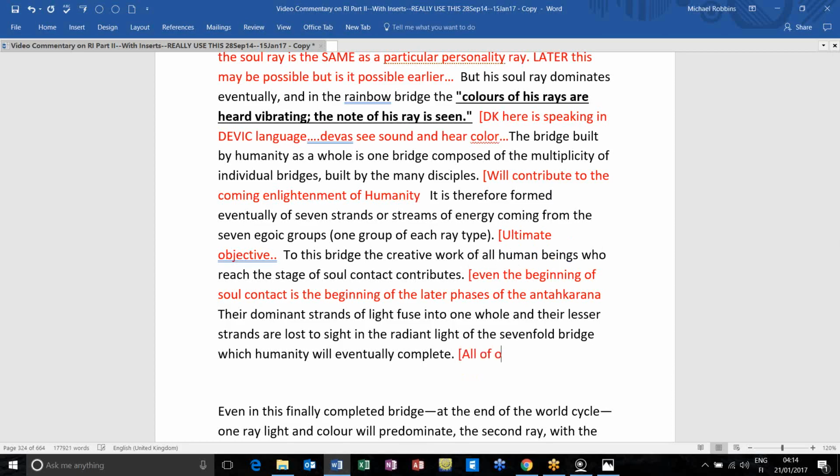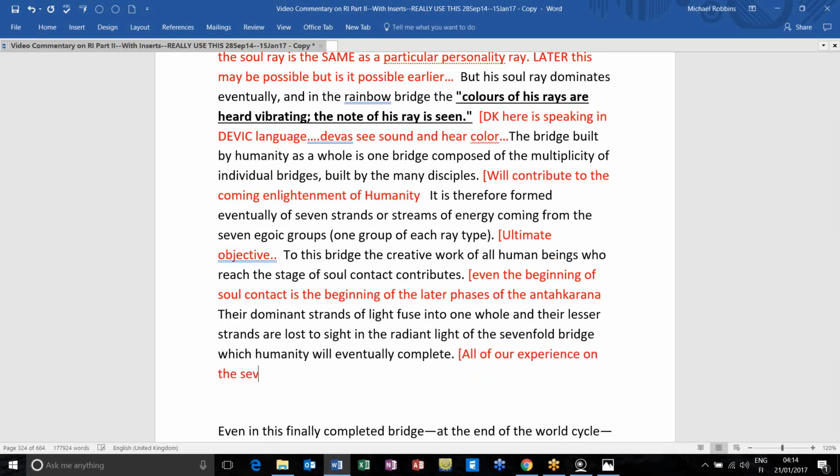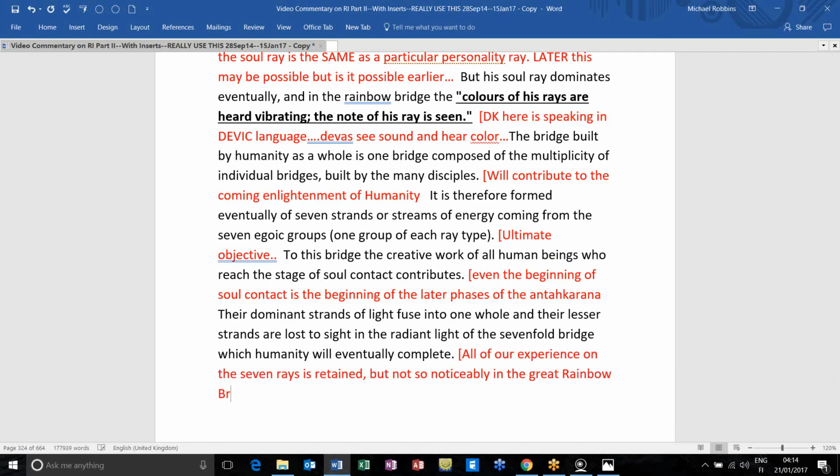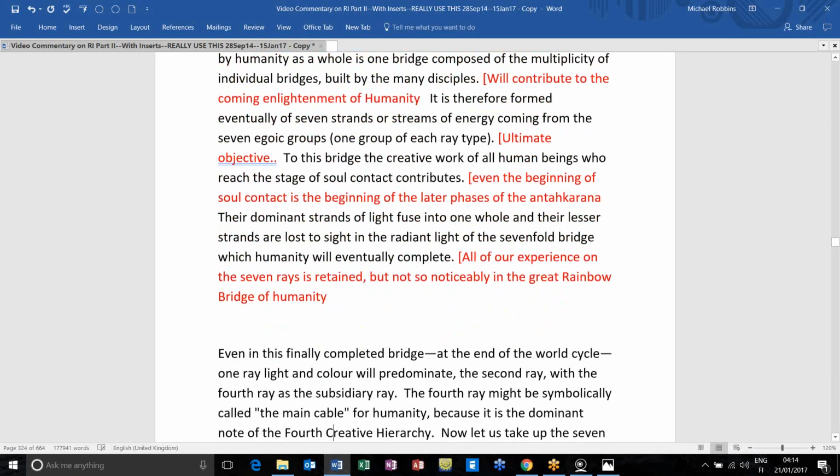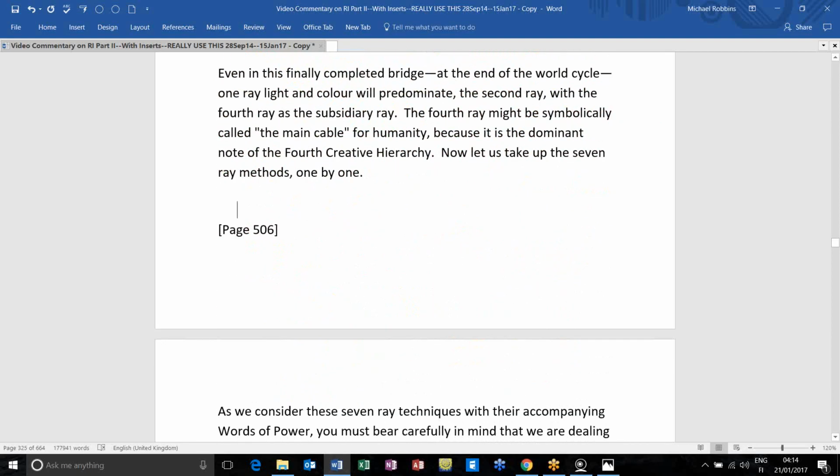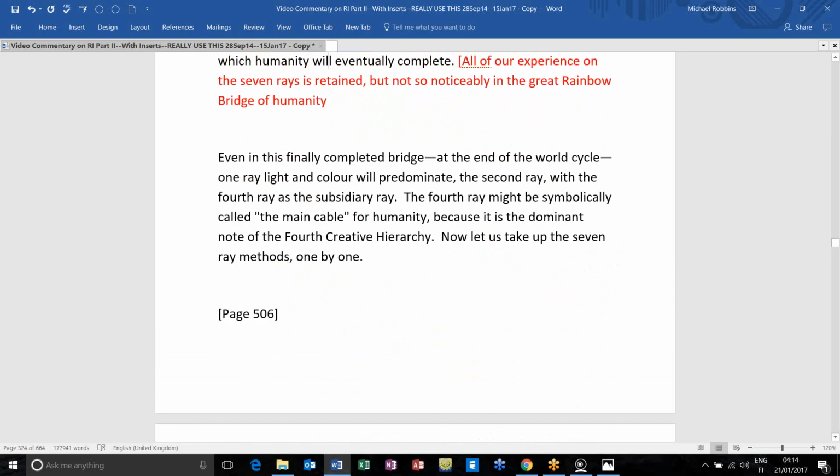All of our experience on the 7 rays is retained, but not so noticeably in the great rainbow bridge of humanity. Even in this finely completed bridge at the end of the world cycle.